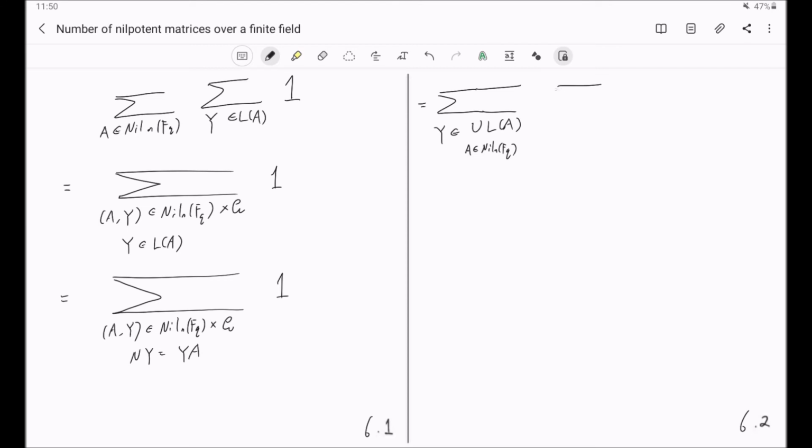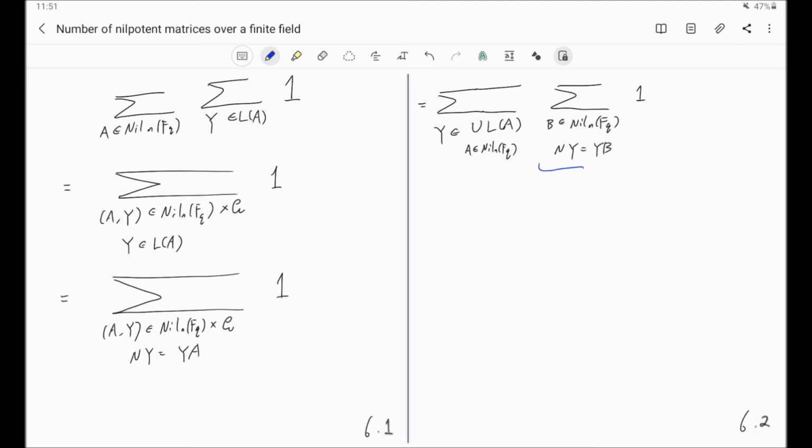You sum over those ones over all B's in the set of nilpotent matrices over F_q such that AY is equal to YB. So here I should use another letter because we have already used A in here.